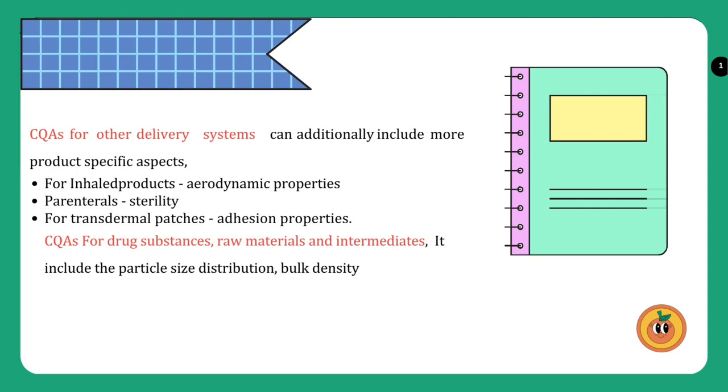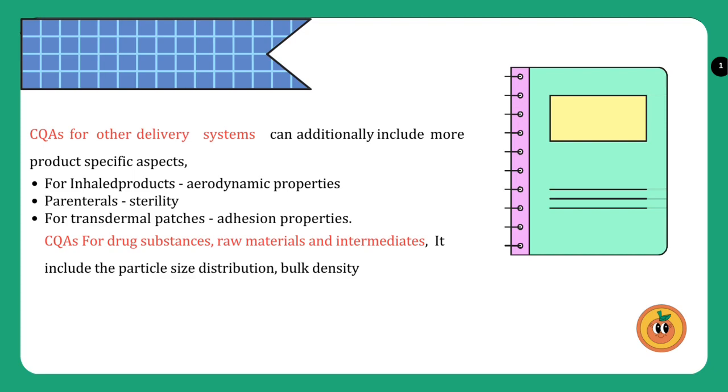Whatever we have seen is for the tablet, which we said is for oral drug delivery, and other delivery systems can additionally include more product-specific aspects. For inhaled products, we have to add aerodynamic properties also. For parenterals, in addition to the other CQA parameters, sterility is another important characteristic we have to add.